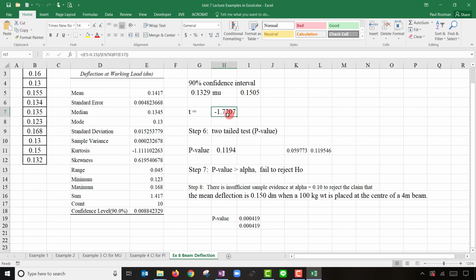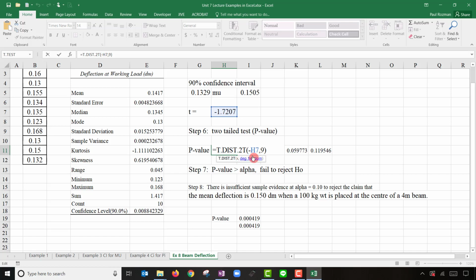I calculated the test statistic using Excel. Sadly, there's no built-in function. I had to basically manually create my own formula there. But I was able to just reference where the mean is, where the standard deviation is, and where my sample size is in my formula. To get my p-value, I want the area to the left of this value, and then I need to double that. Oh, look at that. The t-distribution actually has a T.DIST.2T.